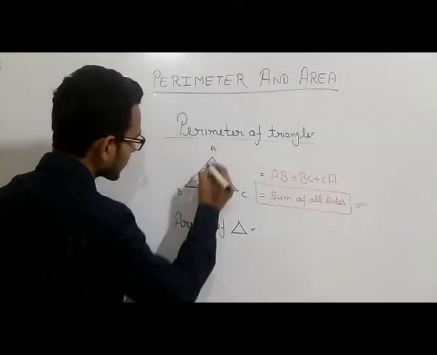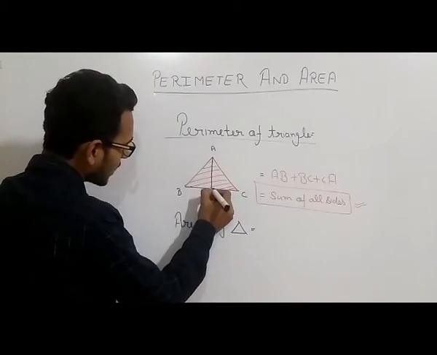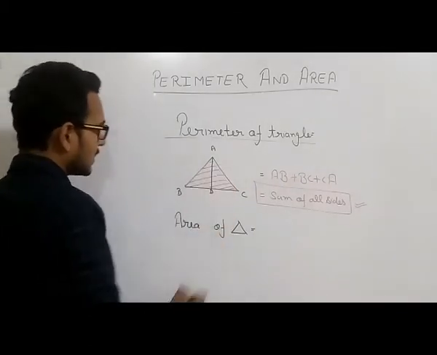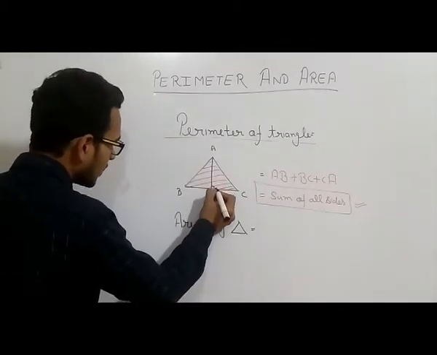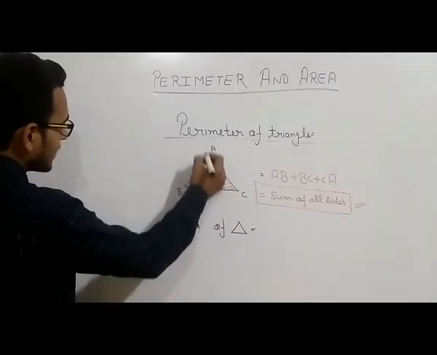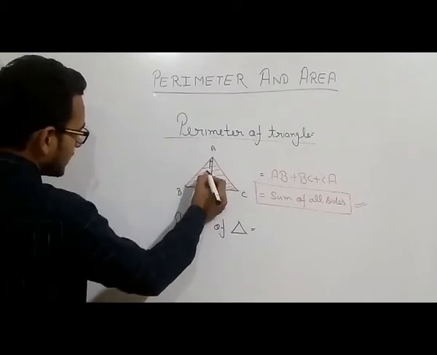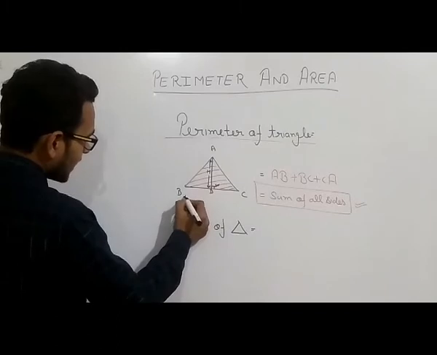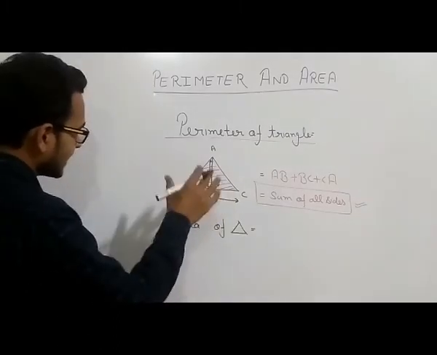Here when we draw a perpendicular line from A on the line BC at D, the perpendicular line is a straight line drawn at an angle of 90 degrees. Then this one becomes the height. Here AD is the height of the triangle and BC is the base of the triangle because it's set upon it.